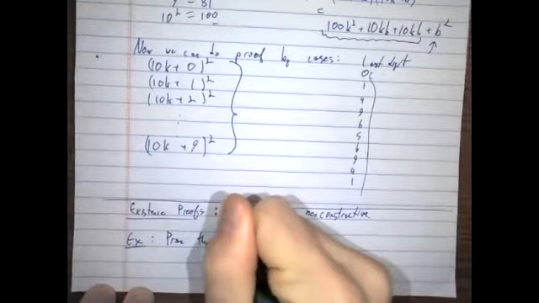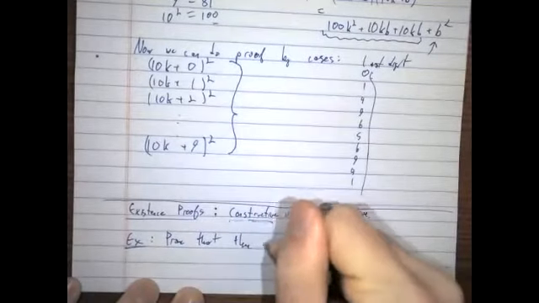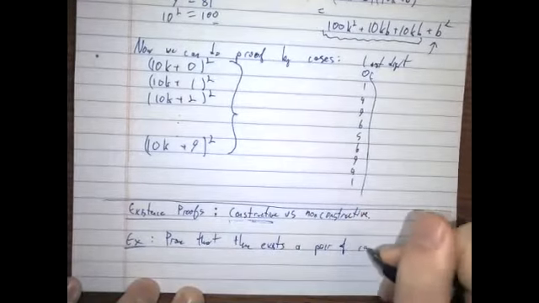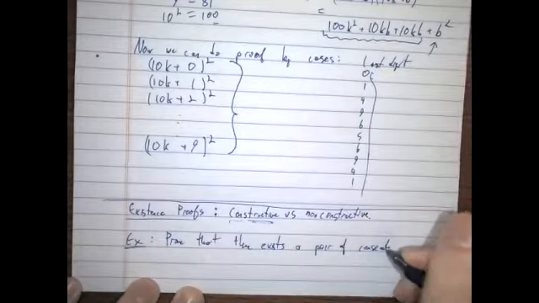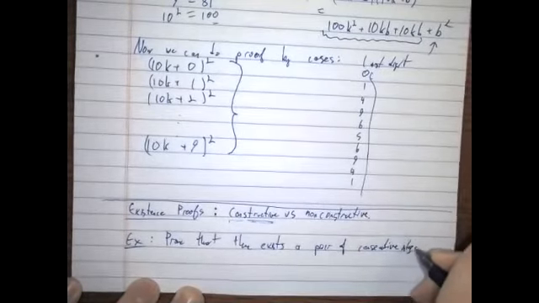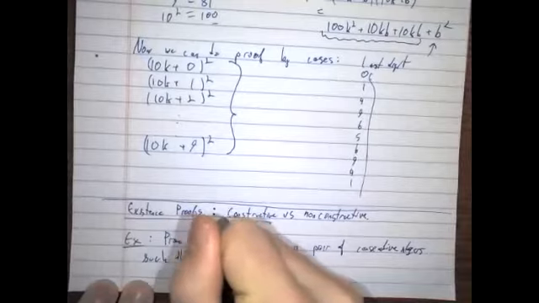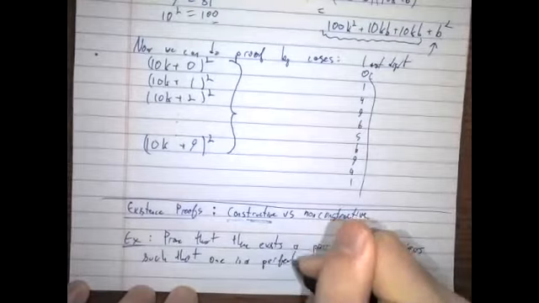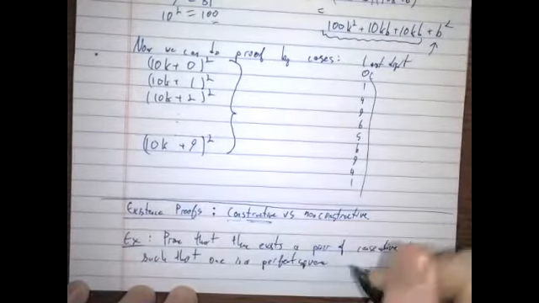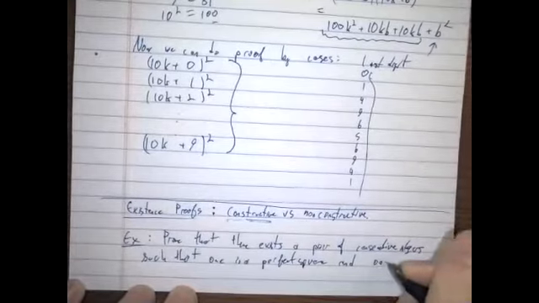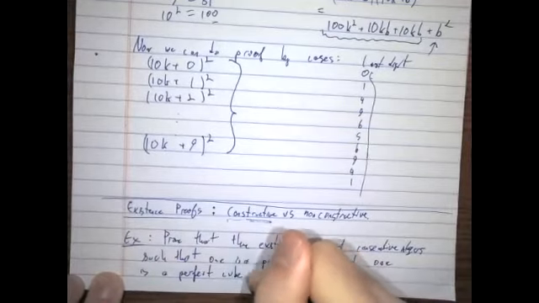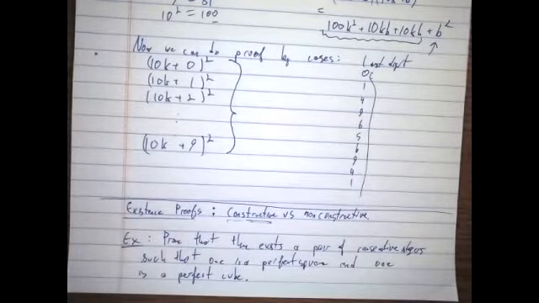Here's an example. Prove that there exists a pair of consecutive integers such that one is a perfect square and one is a perfect cube. What do we do here?